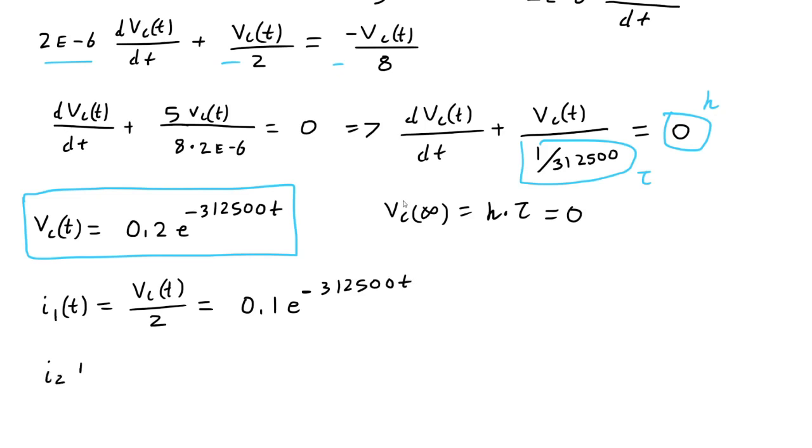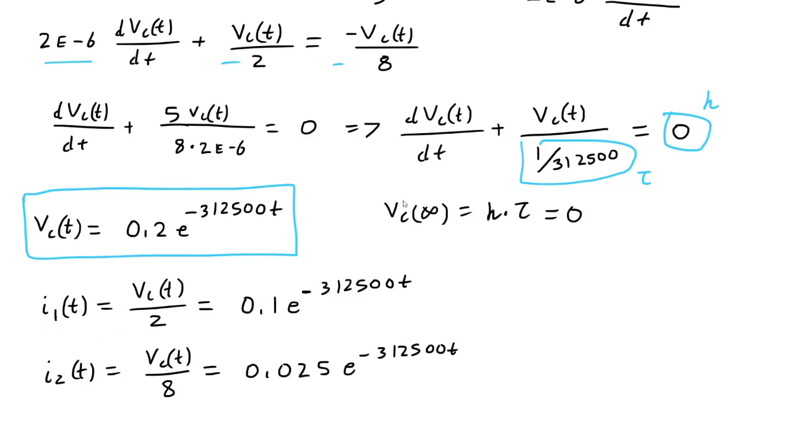And I2(t) is going to be VC(t) over 8, which is 0.025 e to the minus 12,500 t. Now, we have the answer, so we're done here.